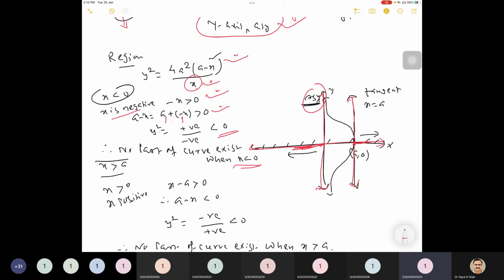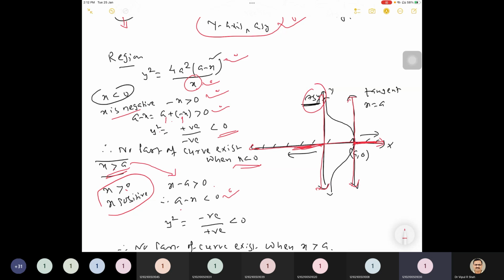Let us check x greater than a. When x is greater than a, x itself is positive. What about x minus a? That is also positive. Changing the sign, a minus x is negative.